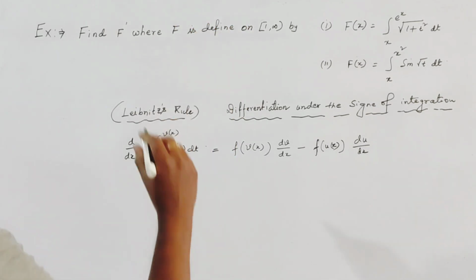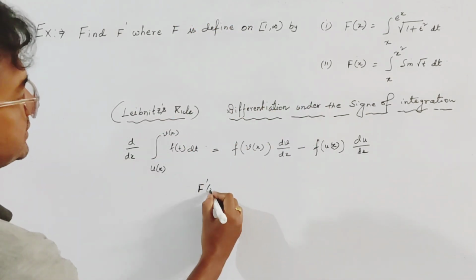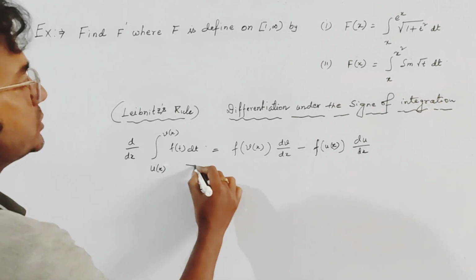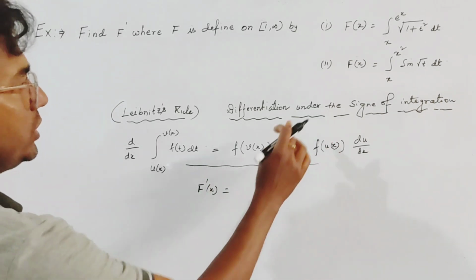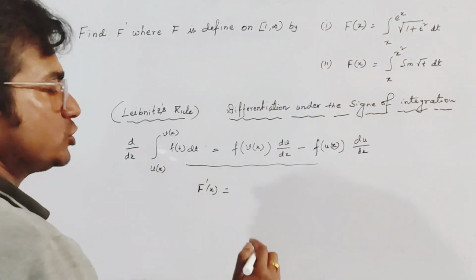Now for the first problem, we find f dash x using this formula. We first put the upper limit e to the power x in place of t.